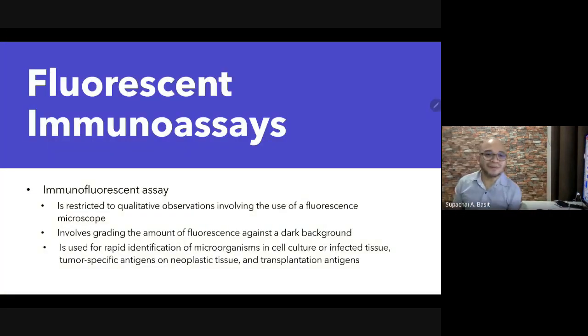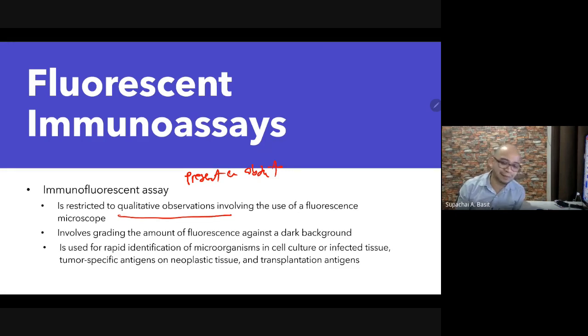Okay, so let's talk about fluorescent immunoassay. So this one is restricted to qualitative observation. So present or absent. Unlike ELISA and radioimmunoassay, you can measure the concentration. Here, you'll just say it's positive or negative. And it involves grading the amount of fluorescence against a dark background.